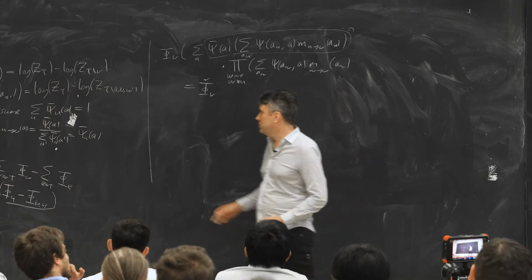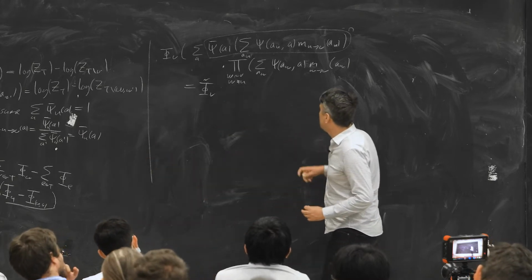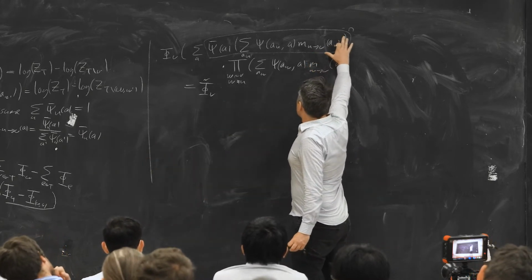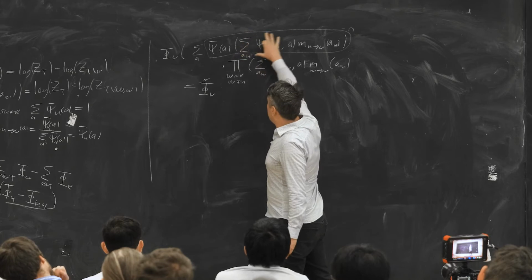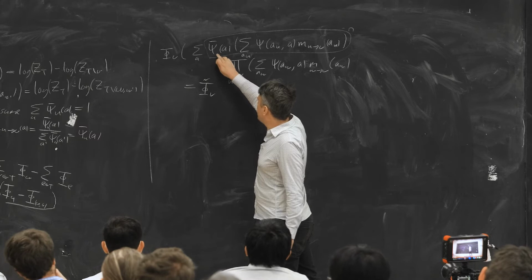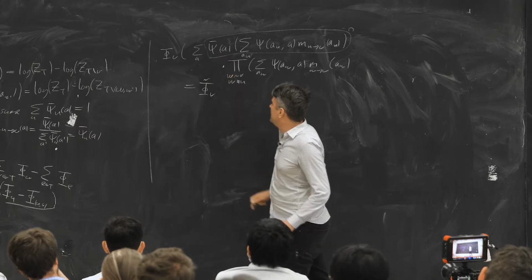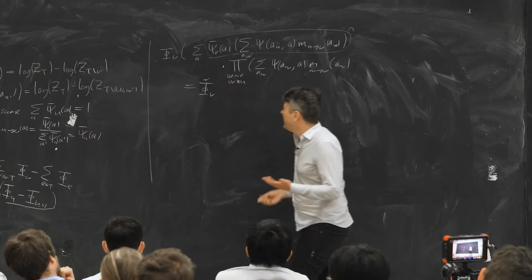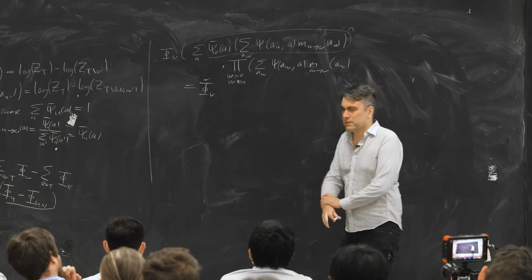But because of our normalization, and because we can incorporate the effect of this edge into the field at the vertex V, we get the same thing.